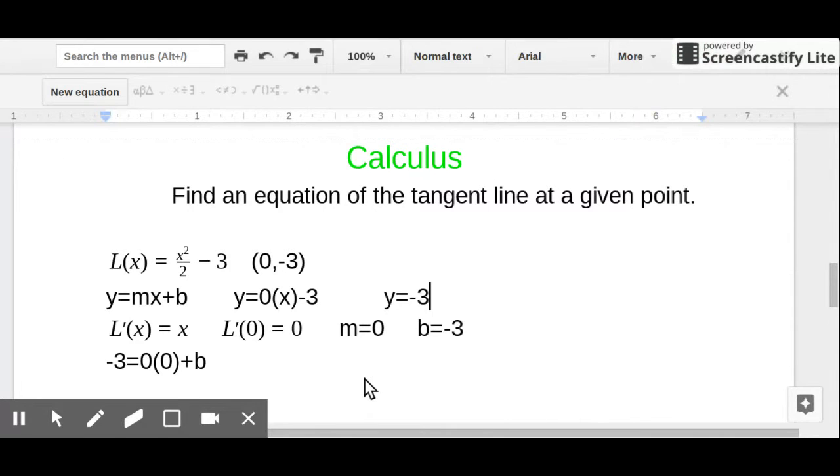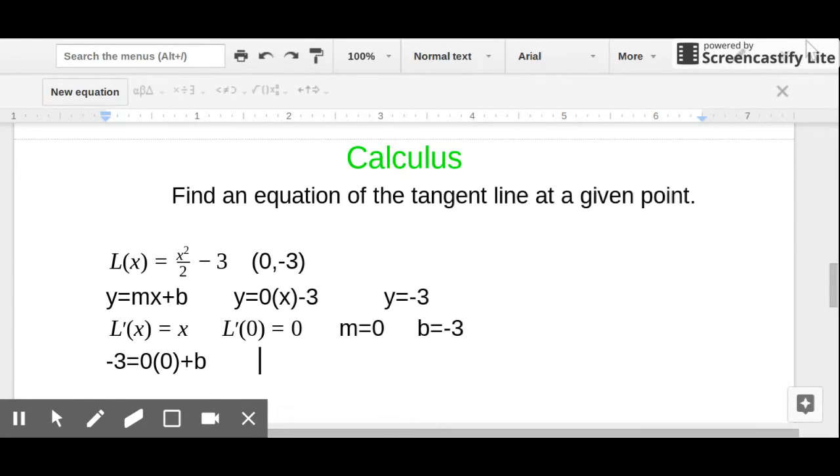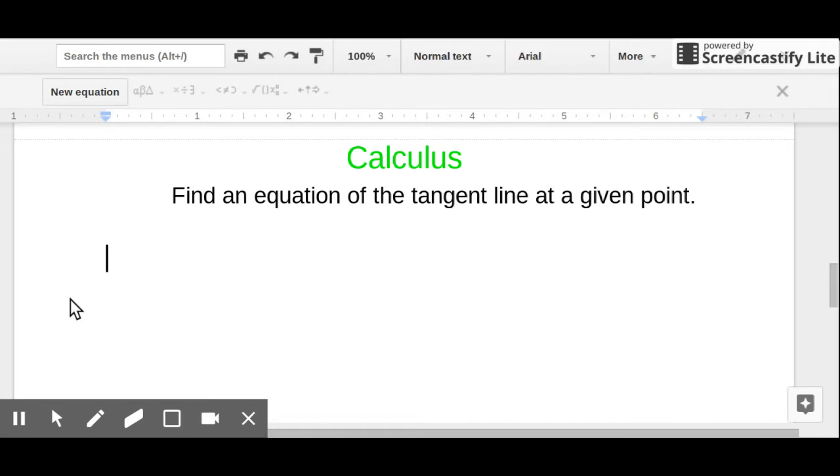Okay, well, let's look at another one. We are looking at finding the equation of a tangent line that passes through a given point. We'll call our function O. How's that?